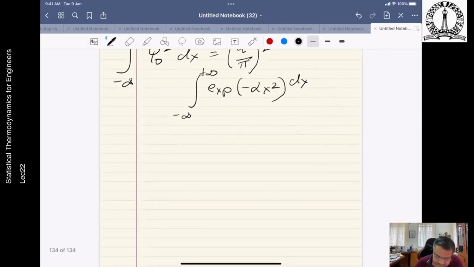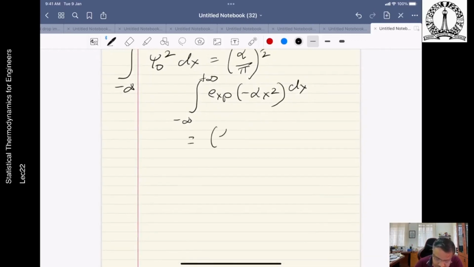If we do the integration, this translates to (pi by alpha) to the power of half, and this is equal to 1.